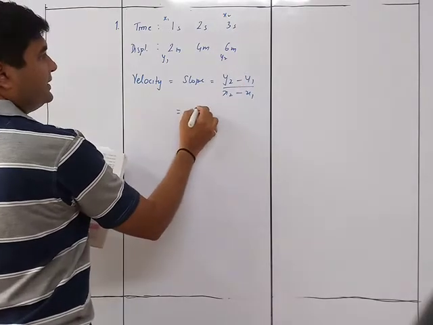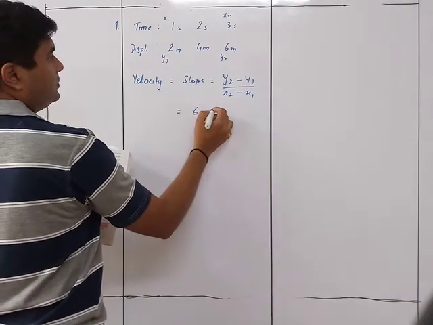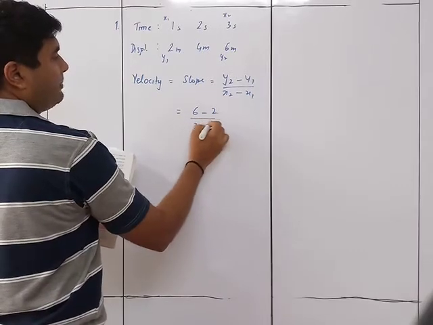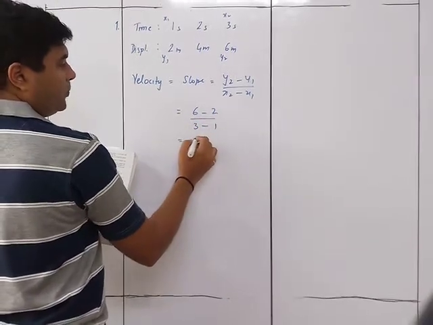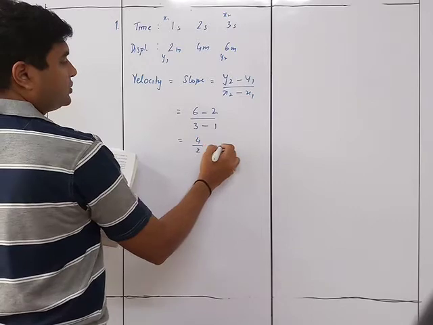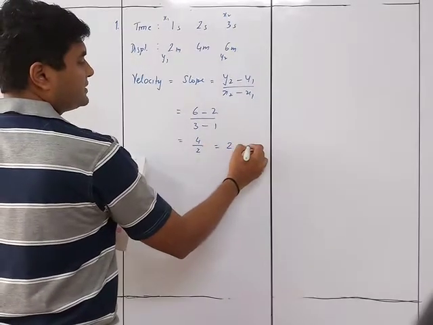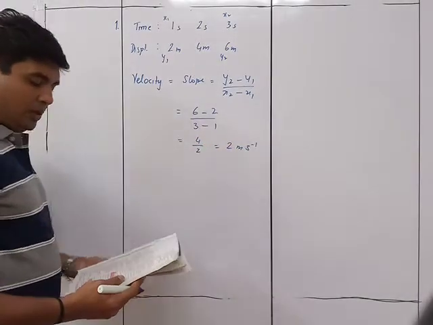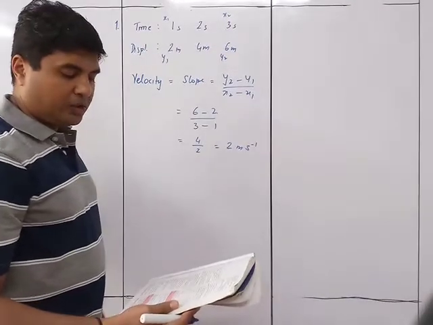So this gives me 6 minus 2 upon 3 minus 1, which is 4 upon 2, which is 2 meter per second. Once I get this, I just need to draw.